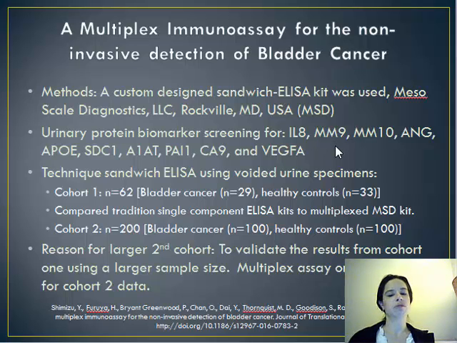And then the authors got some encouraging data, so they wanted to further validate it by enlarging the sample set to 200. So in the second cohort, we had 100 bladder cancer patients and 100 healthy controls, and in cohort 2, they just looked at the sandwich ELISA. They didn't look at the individual assay alone.